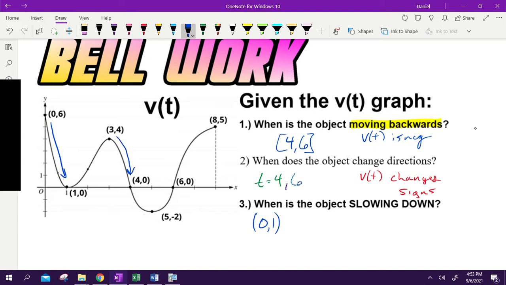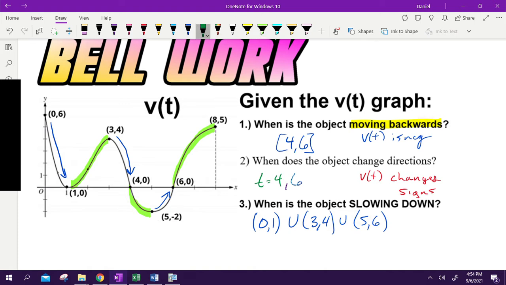Right there from 3 until 4, my graph is headed towards 0, I'm slowing down. And from 5 until 6, I'm headed towards 0. Right here, I'm going away from 0, so in those points, I'm speeding up.